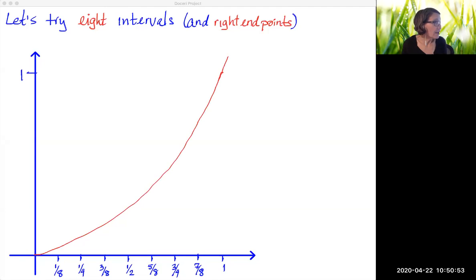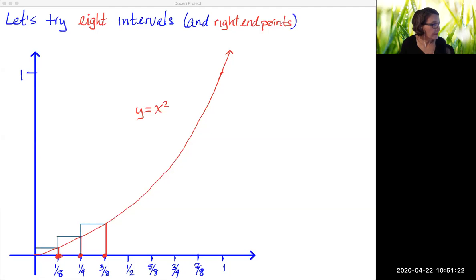So here's my graph. And now I'm going to draw these rectangles. So we're using right endpoints. So I'm going to start at x equals 1/8 and go up. And that's my rectangle. Start at x equals 1/4 and go up. There's the second rectangle.